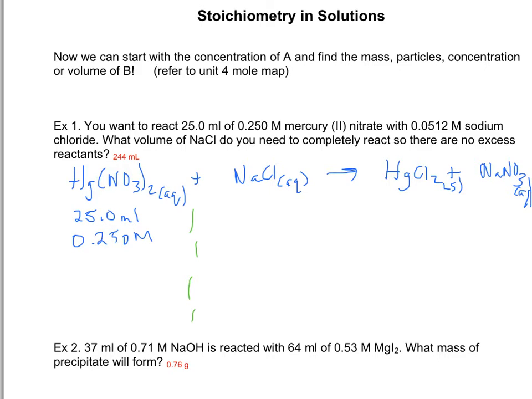You notice I have the concentration and the volume of my mercury(II) nitrate. And I'm given the concentration of my sodium chloride solution. The question asks me what volume of NaCl do you need to completely react so that there's no extra reactants. So I'm trying to figure out what volume I need to mix these reactants in their stoich ratios.